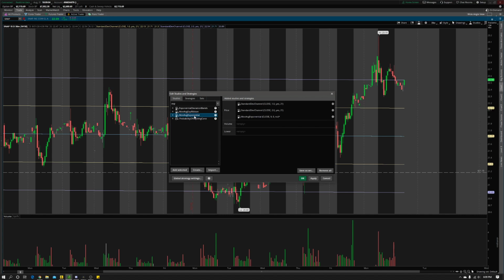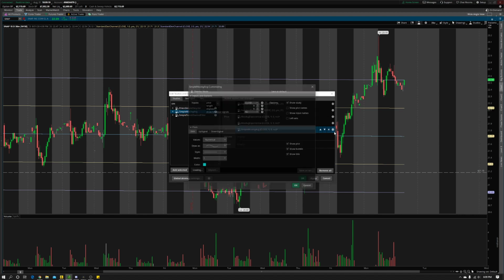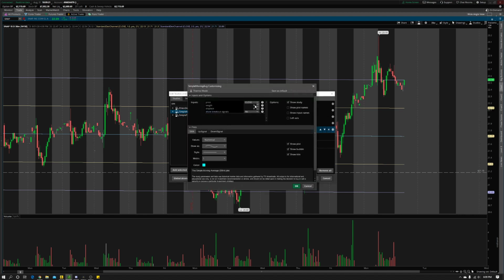Then we're gonna go 2, and then we're going to go simple moving average. Make this 200. This is kind of tricky here. It takes a couple times sometimes, but SMA. I like to make this red.